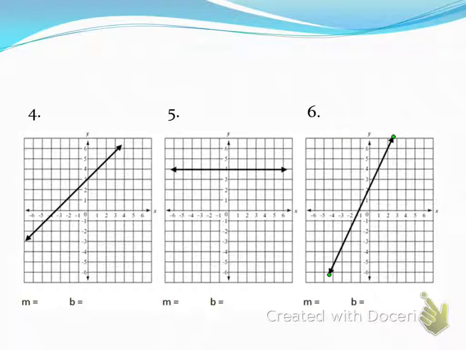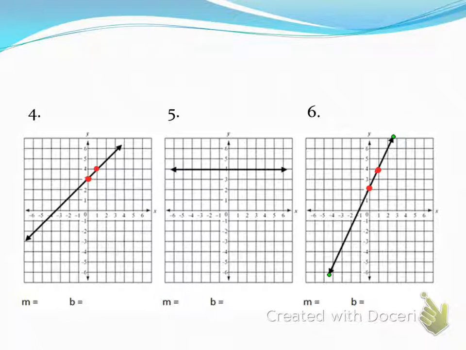All right, last 3 that we're going to do, and then we'll get our homework. I will again go through and mark some points for us to use. Number 4, any volunteers to help identify our slope and y-intercept? Lexi.